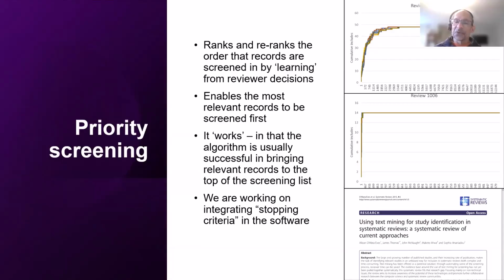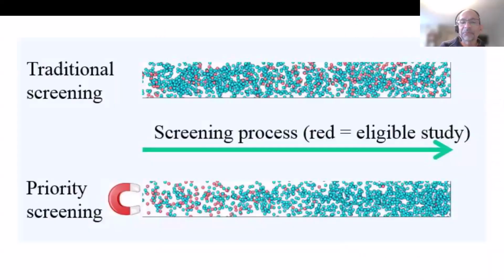You can then screen in order of that likely relevance, which hopefully will speed up the screening process. There's various theories and formulas for working out stopping criteria. So in an ideal scenario, you may only need to screen a small portion of all your references and then find that because they've been ordered in order of likely relevance, you've got all your includes without having to work through all the items in your review.